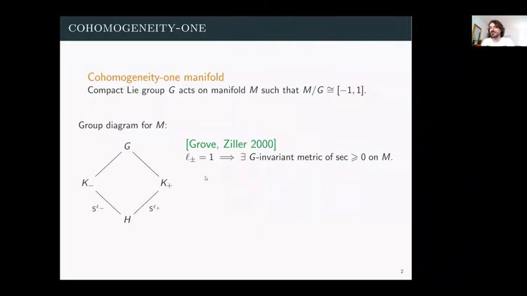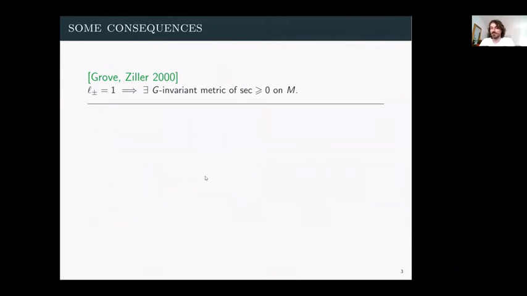So Goette and Tiller showed in 2000 that if you have a cohomogeneity 1 manifold with codimension 2 singular orbits, then there exists a G-invariant metric with non-negative curvature. And this turns out to be very powerful and very useful, and is essentially the only curvature computation that we will do in this talk. So we get it for free from this result, essentially.